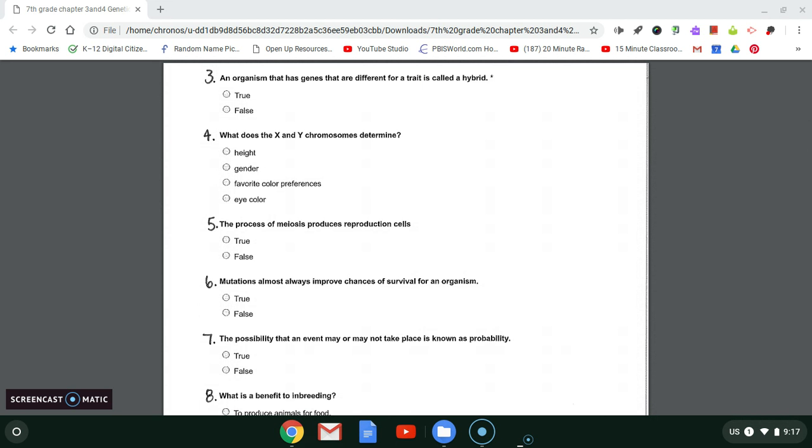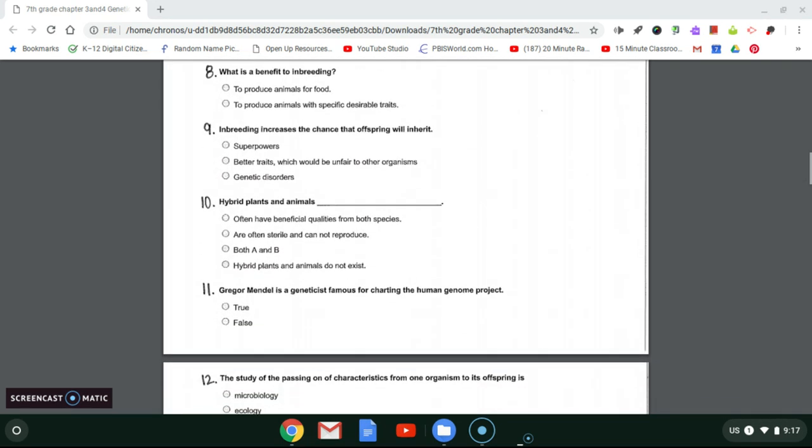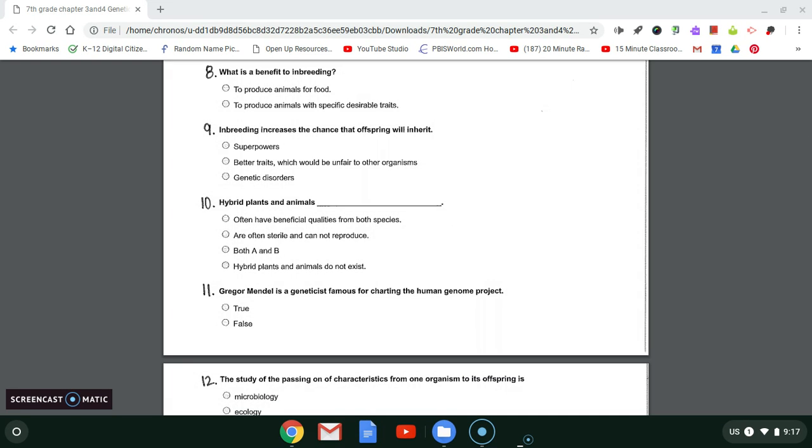Number 7. The possibility that an event may or may not take place is known as probability. True or false? Number 8. What is a benefit to inbreeding?